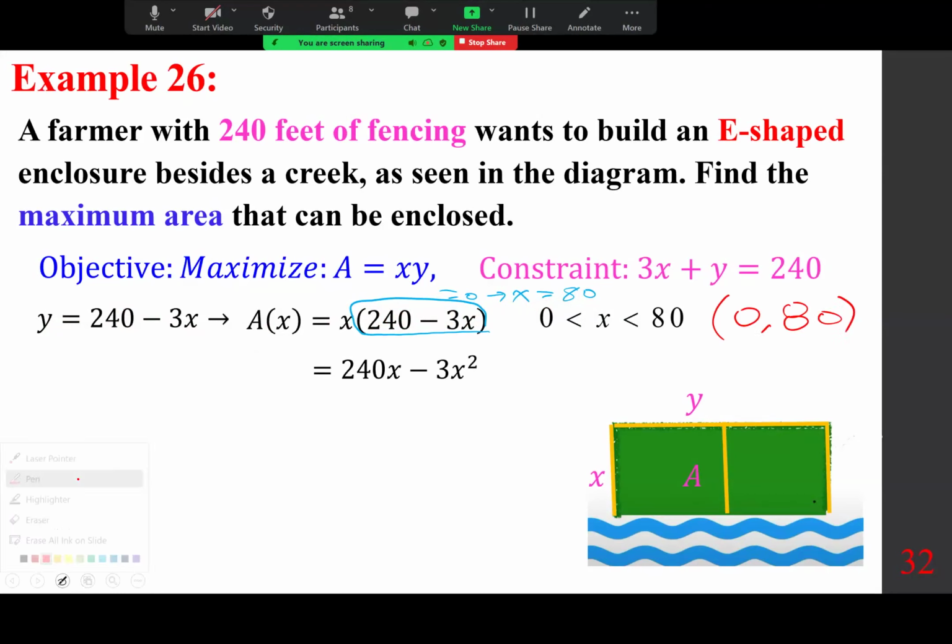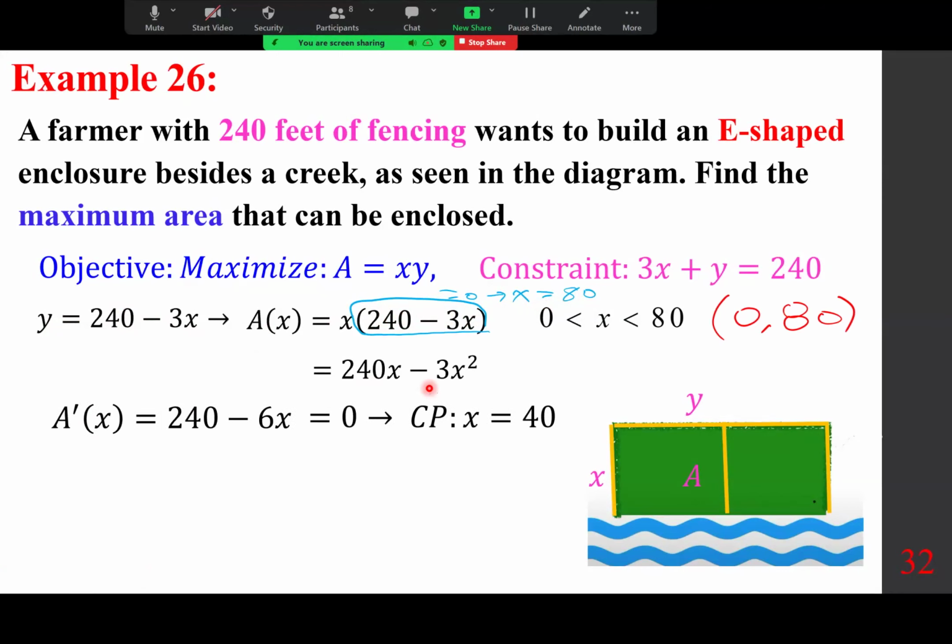We are going to find the critical point or points by differentiating. We get 240 minus 6x, setting it equal to 0 results in 40. We have one critical point and an open interval. So local becomes absolute. We go with the second derivative test because it's easier to differentiate again.